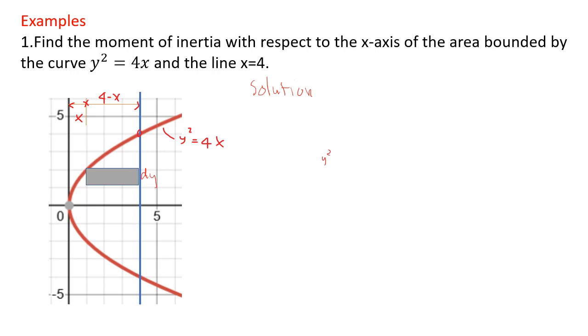So we have I sub x equals 2 times the integral from 0 to 4 of y squared times (4 minus x) dy.